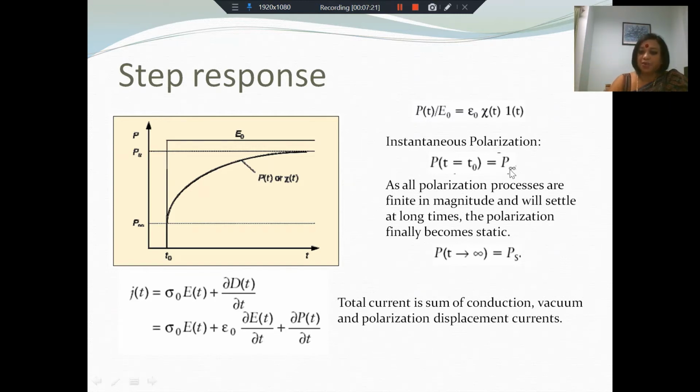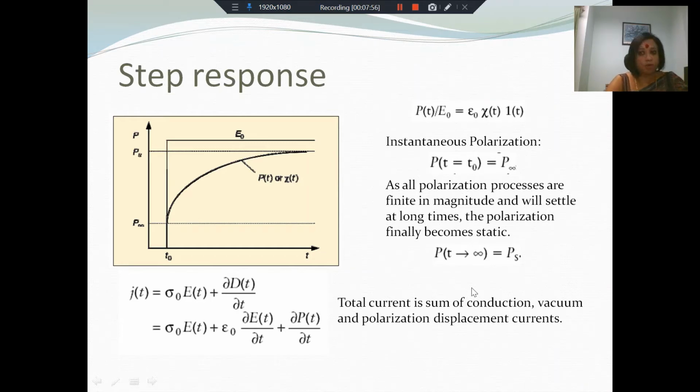So therefore, this P infinity must be those polarization processes that are complete almost instantaneously with the application of field. And then there are other processes which can continue over a very long time, and ultimately the polarization will reach a steady state. As all polarizations are finite in magnitude, they will at long times definitely settle, and the polarization will finally become static. So the polarization at time t tending to infinity is called the static polarization.